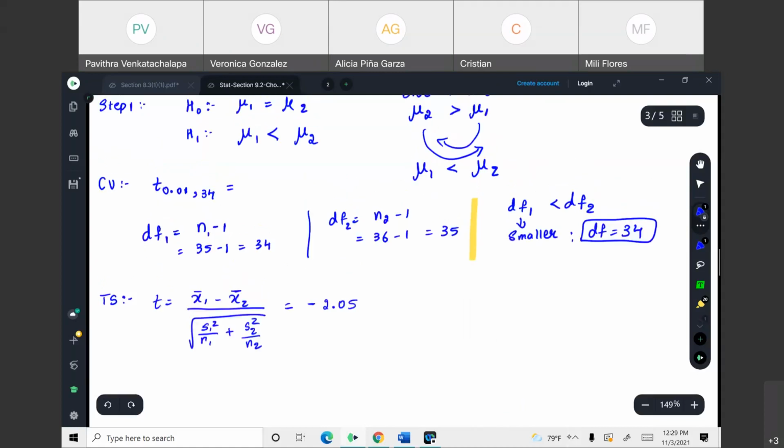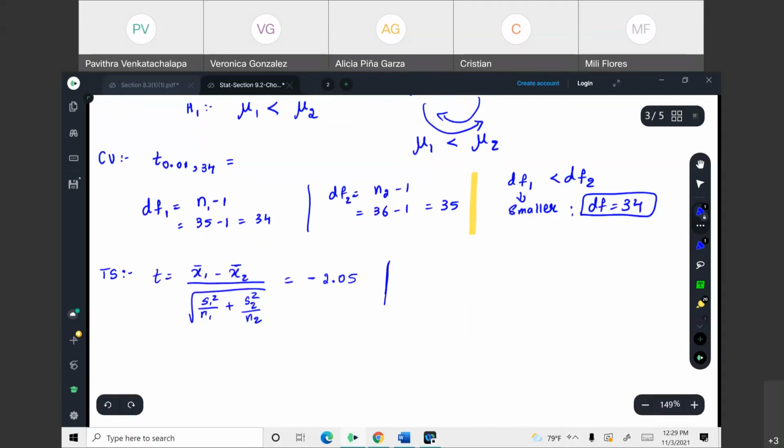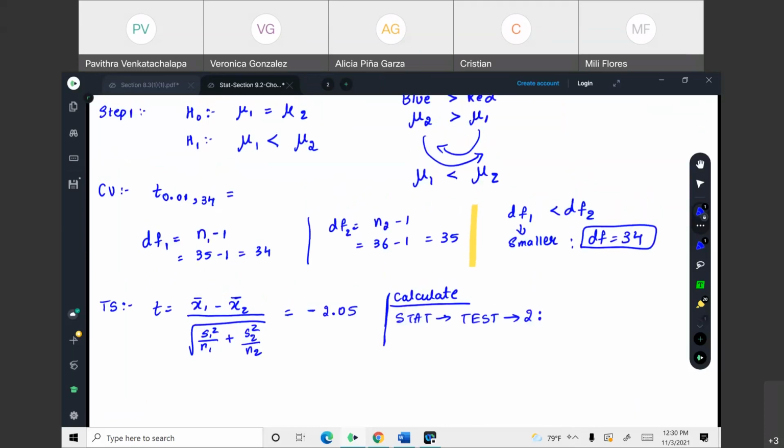You can also use your calculator if you want. Just go to stat, test, and you choose option 2, and then you get your t value. Now the answer for the critical value of t is minus 2.441.